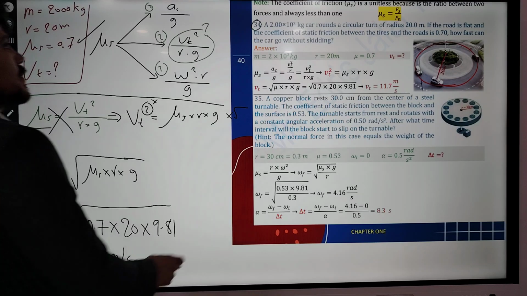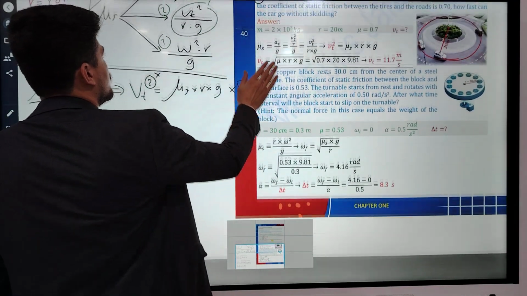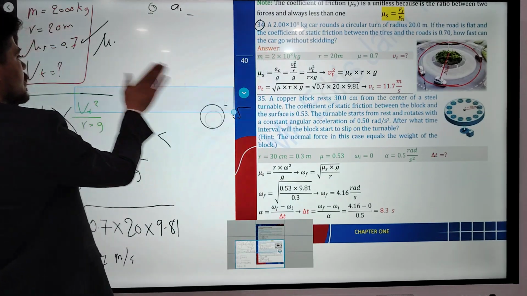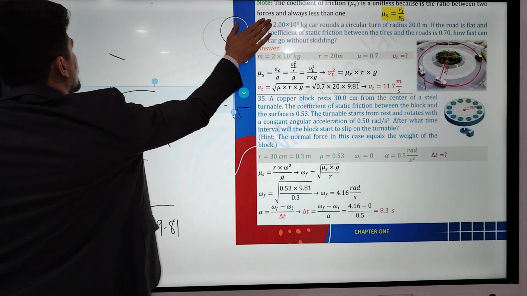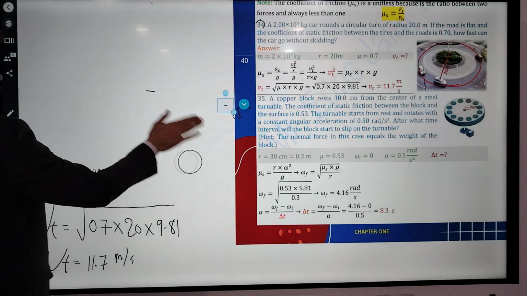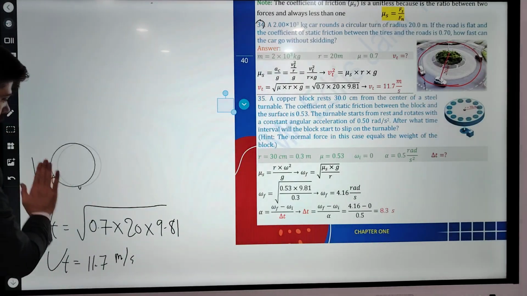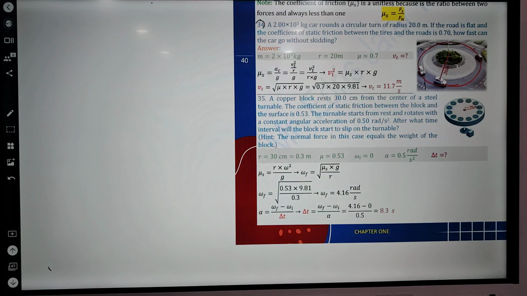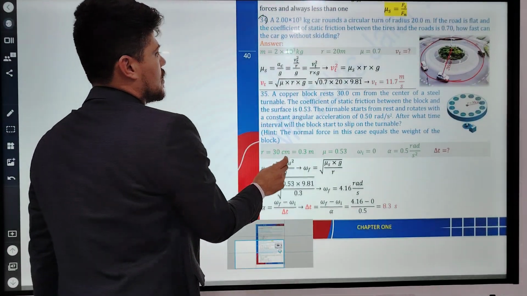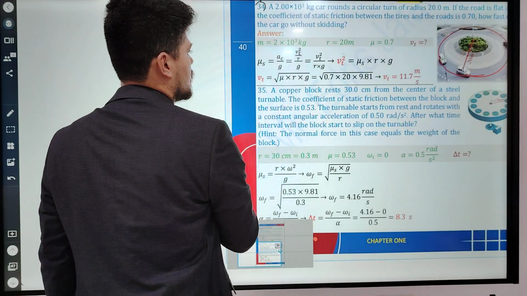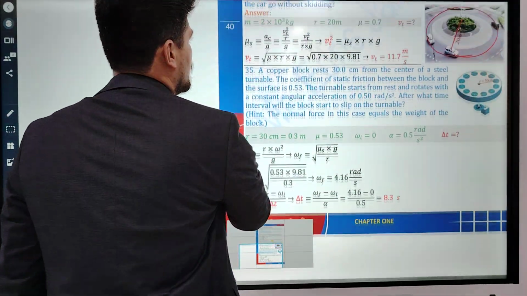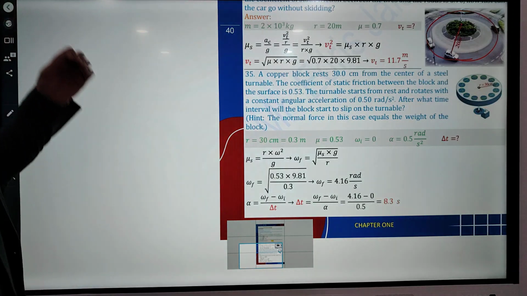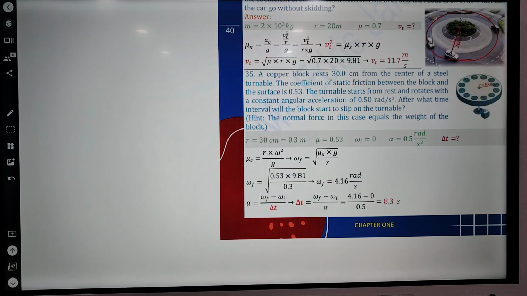Okay. Question 35 in the chapter review. A copper block rests 30 centimeters from the center of the steel turntable.